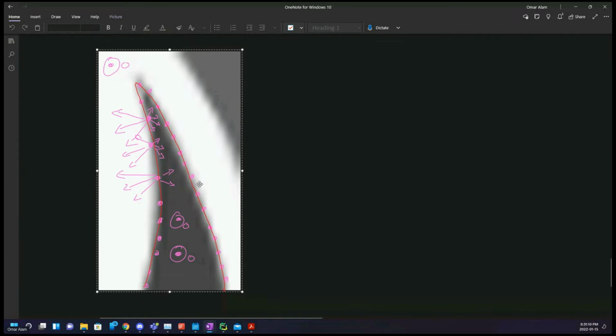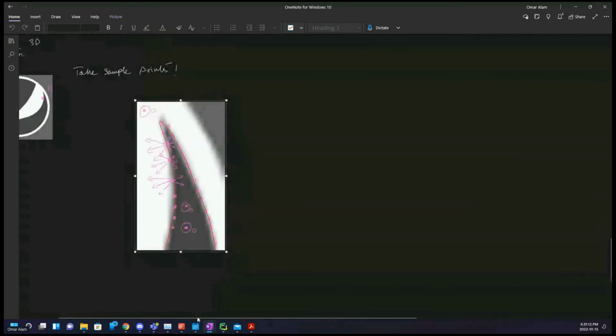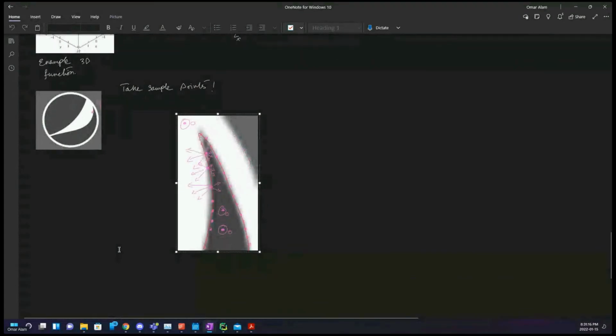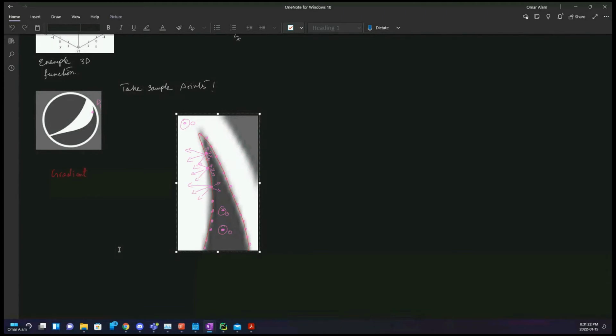And if you apply this methodology to the entire picture, what we call this is a gradient intensity function. So a gradient is a derivative in multiple dimensions.